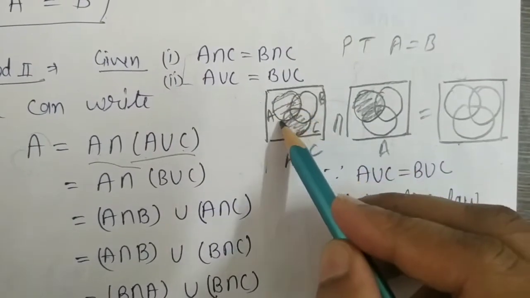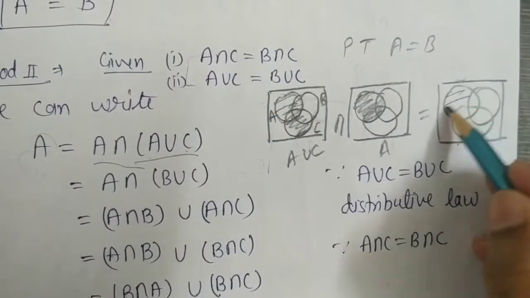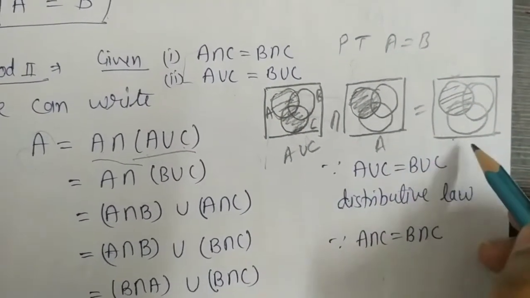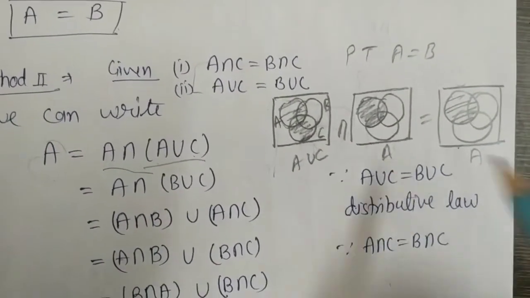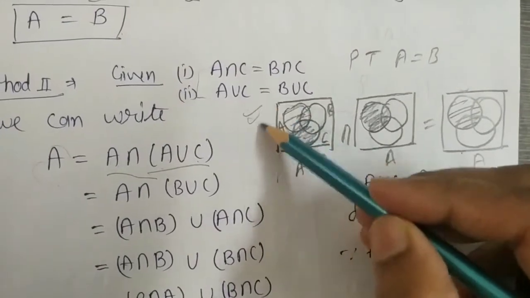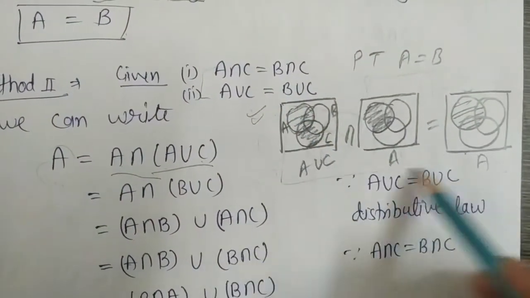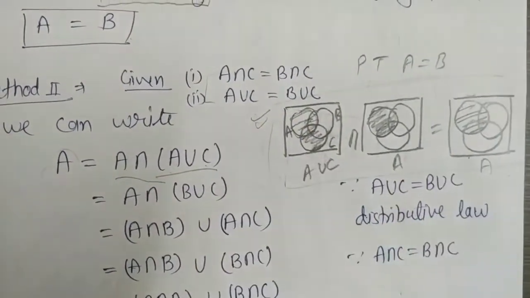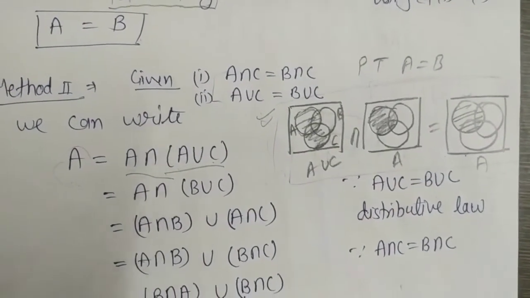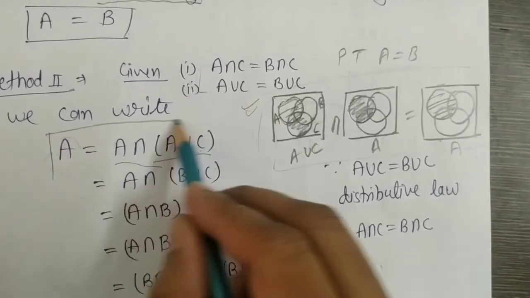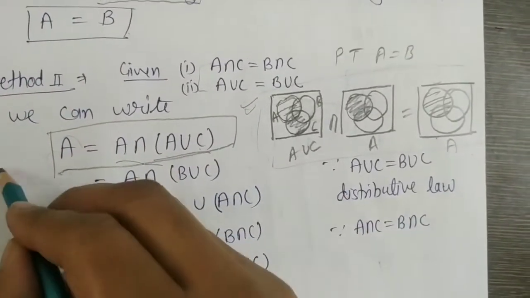What we get? Only this part, that is A. It means the property is true. We can also solve in this way using a Venn diagram to prove any property. But it is an important property. You must remember that.